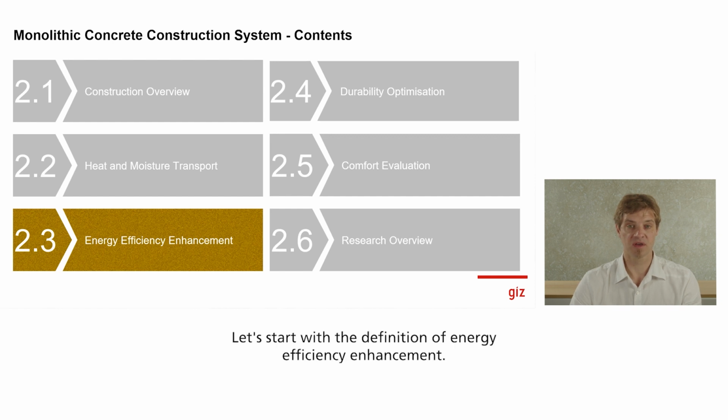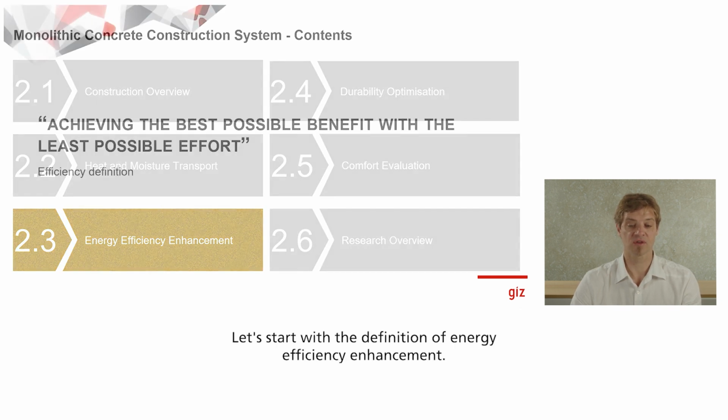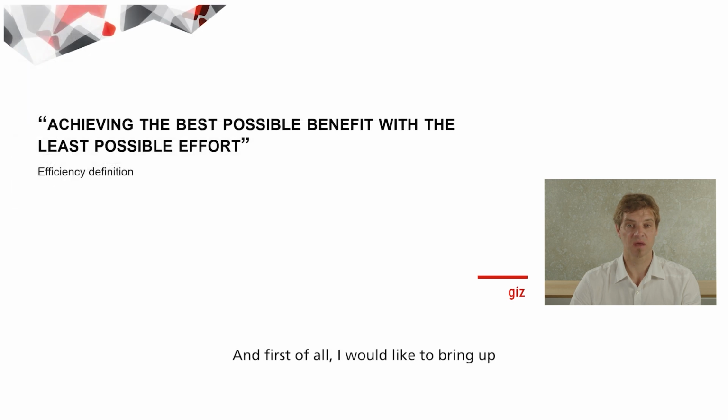Let's start with the definition of energy efficiency enhancement. And first of all, I would like to bring up a definition of efficiency. Efficiency itself means achieving the best possible benefit with the least possible effort.